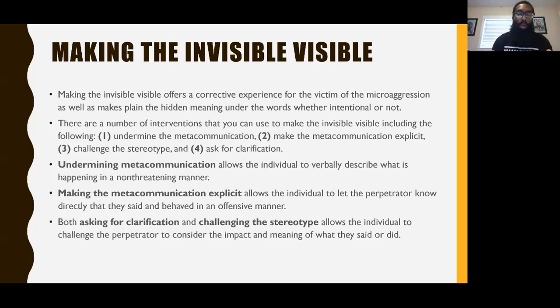And so we can make that invisible visible by asking the person, what is it that you meant by that, to be able to have a conversation around what that means. And those are all ways for us to undermine the meta communication, make that more explicit, and then also ask for clarification and challenge the stereotype.